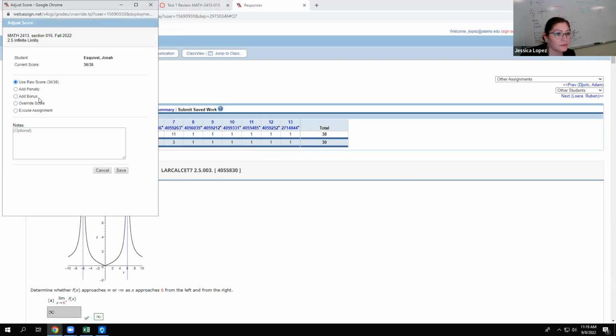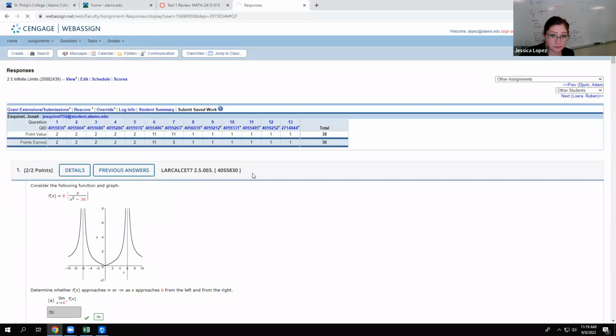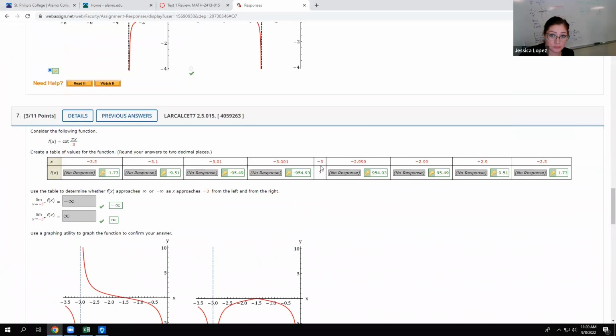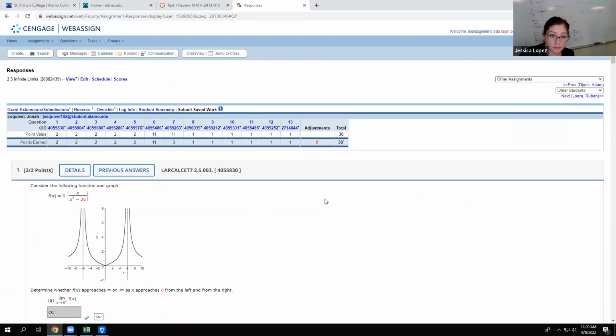Override, there we go. How many? That's 8 pieces. Save. Yay, now it says 30. It still has them with the next, but then it has my extra points today. Okay.